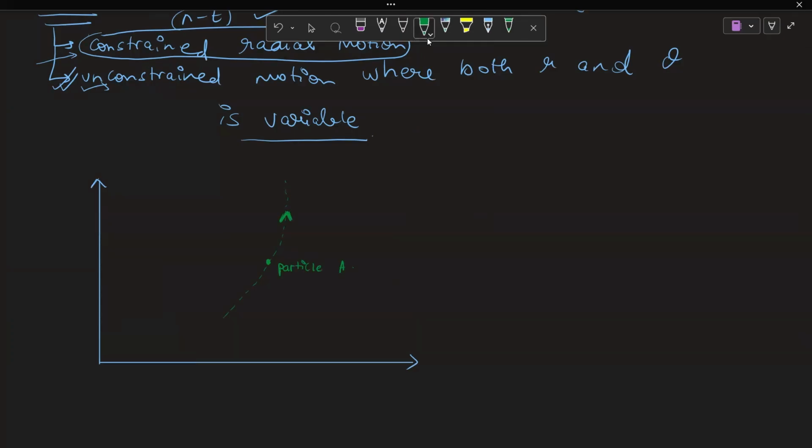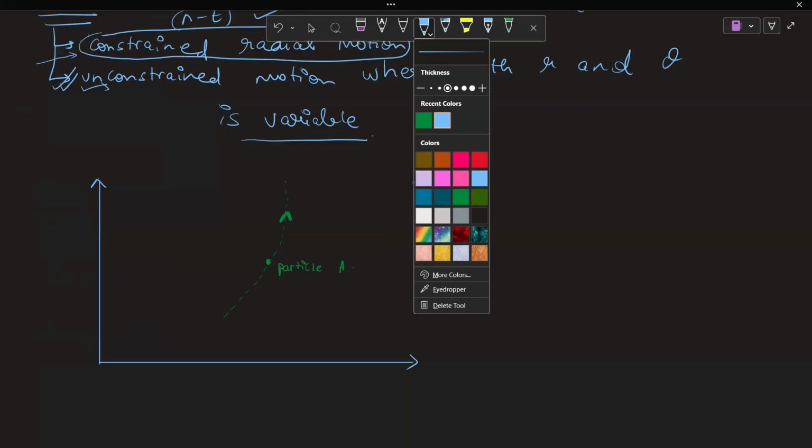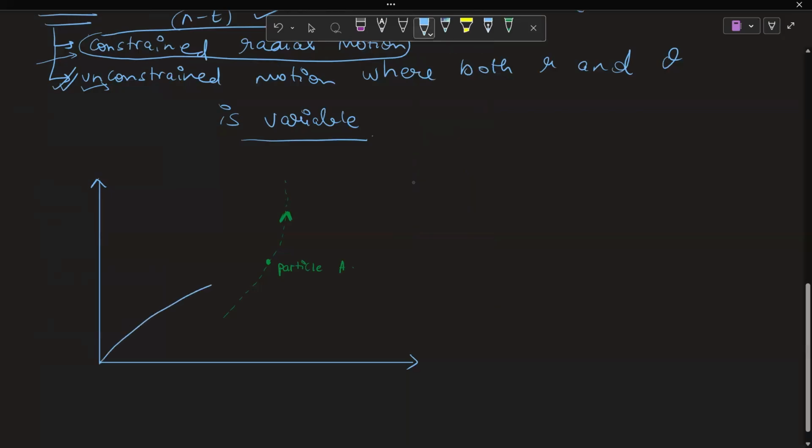The arrow is the direction of the particle. So at any time t, from the origin, we are taking the distance as r and the angle theta. So we get the cylindrical coordinates currently as r and theta.